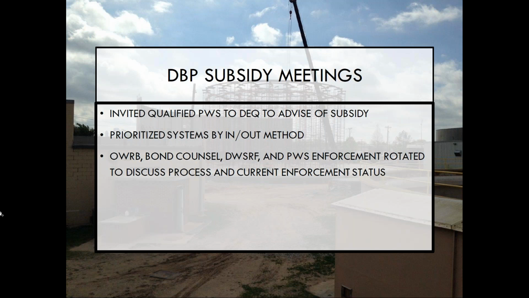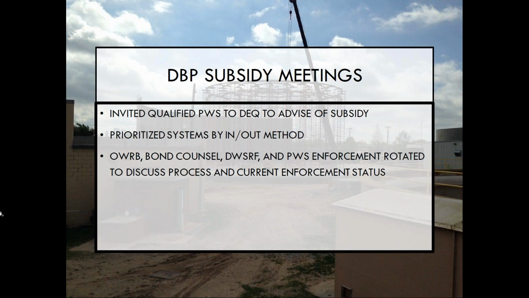And then we focused on systems that may not sell to anyone or purchasers that were out and their wholesalers were in compliance. Once we divided the systems up into individual tables, we had different entities go around and speak with the systems to let them know what was required of the subsidy and what kind of projects they might consider.